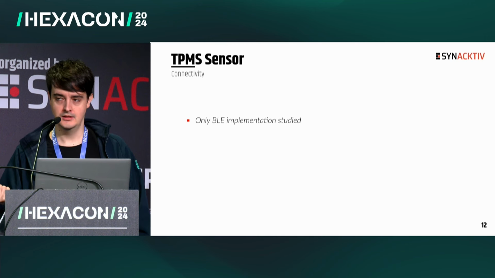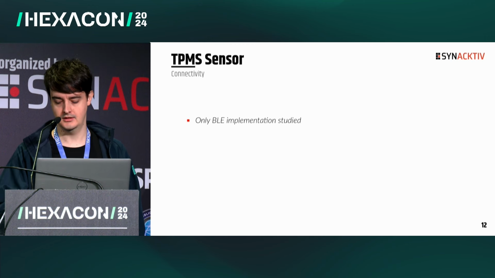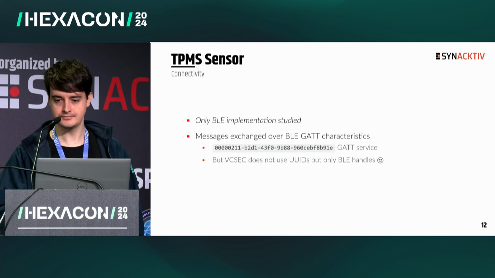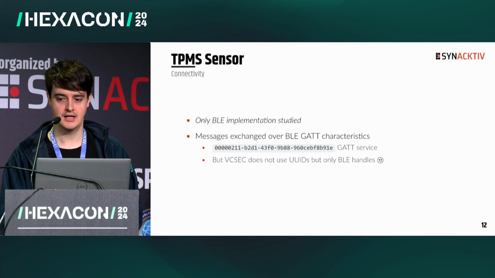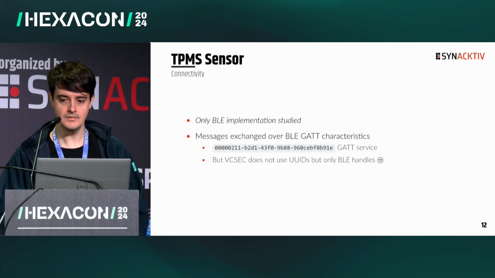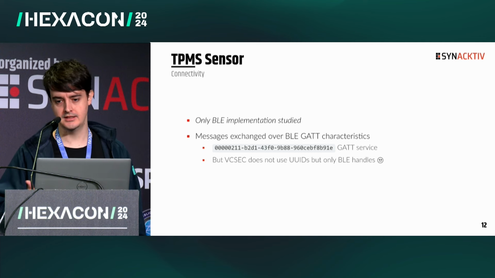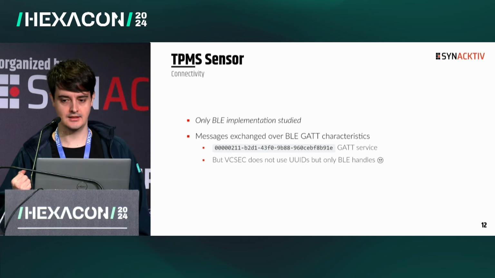And we recently studied the implementation, and at the time it was only using BLE, so we studied the BLE implementation of TPMS. The messages are exchanged over the GAP characteristic of the GAP service, and for that you have UUIDs that are used for read and write over the characteristics and to exchange the data.